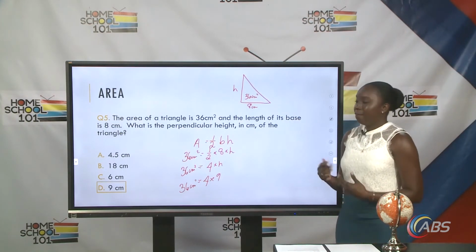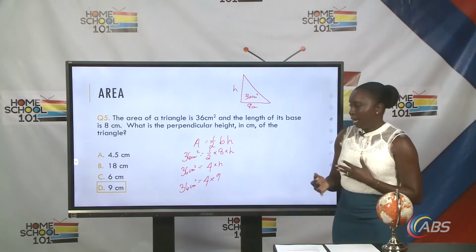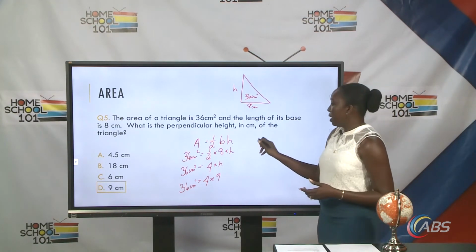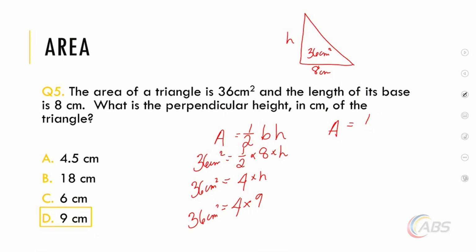But if you really didn't think in that way and you were really good at manipulating your formulas, you would start with the formula as it is, half base times height, and do a little algebra to rearrange it to find what the height is going to be equal to. So we'd get rid of the half, because we don't like fractions, do we? In order to get rid of that, we'd have to multiply both sides by 2.